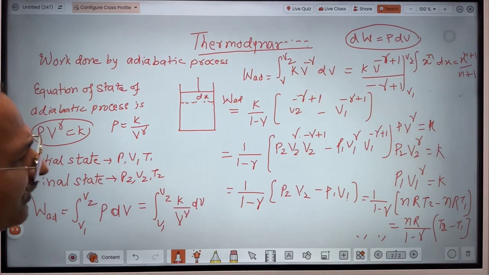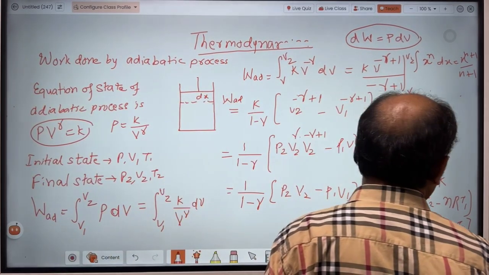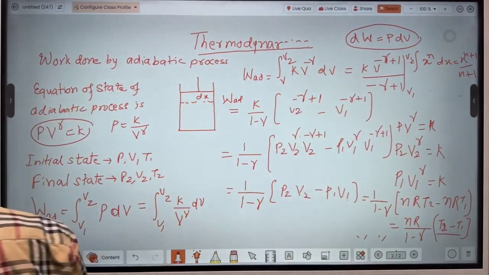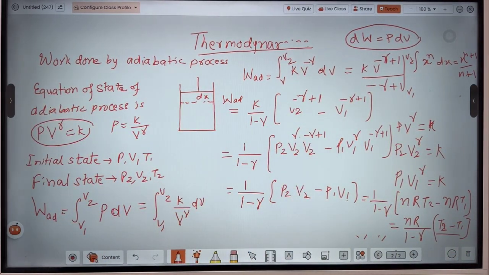Now from here we can give some conclusions. When work is done by the gas during adiabatic expansion, then work done will be positive, that is T1 will be greater than T2, right? What does this mean? T1 is greater than T2.